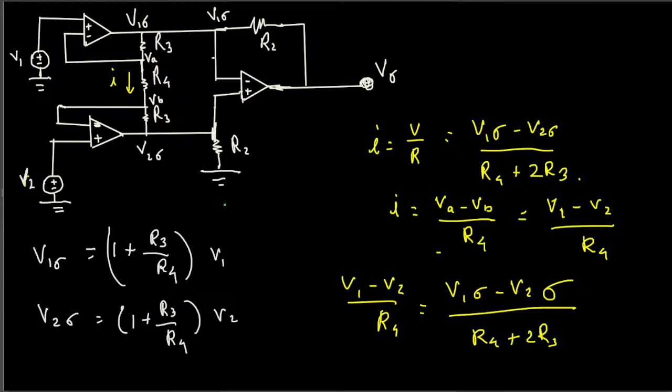So the equation for the V output here is going to be the voltage difference, that is V2 output minus V1 output, and the feedback resistance over input resistance. So here the feedback resistance is R2, and then divided by R.